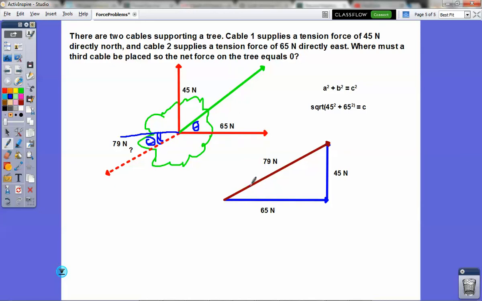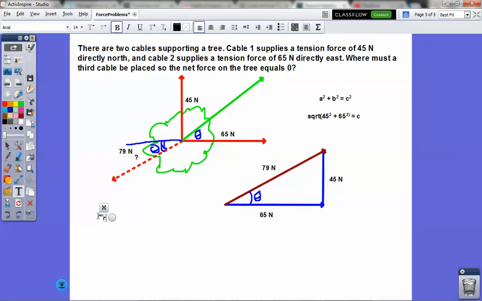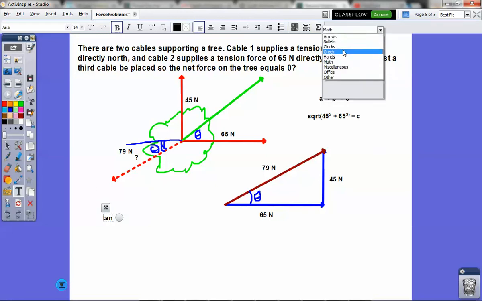Look back at this diagram. Is there a way to find this angle right here? There is, absolutely, right? This is our opposite, this is our adjacent, and this is a reference angle. So if I did the tangent of this angle, do I have a theta on this symbol here? No, they didn't give me that. I can go Greek. Here's our theta, all right?